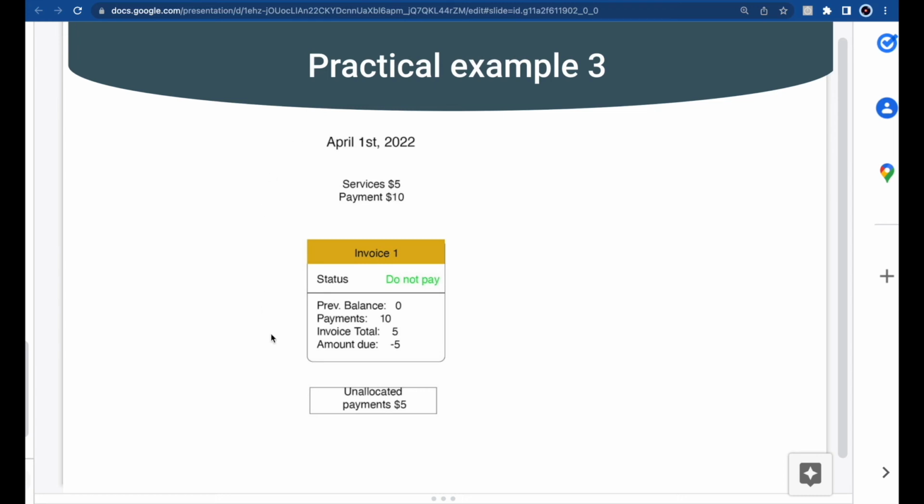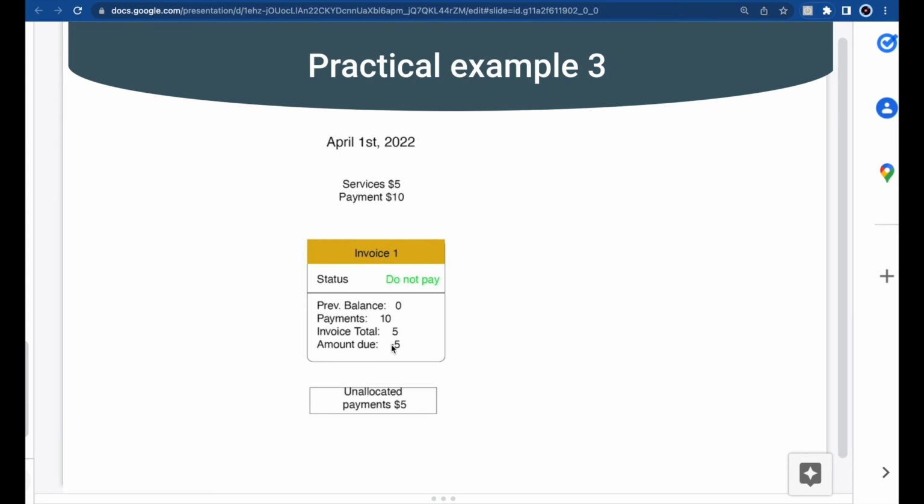Okay, his first invoice was generated after the billing period was closed, and its status is also do not pay because previous balance is 0, of course. The invoice total is $5. The payments amount is $10, and the amount due is minus $5.